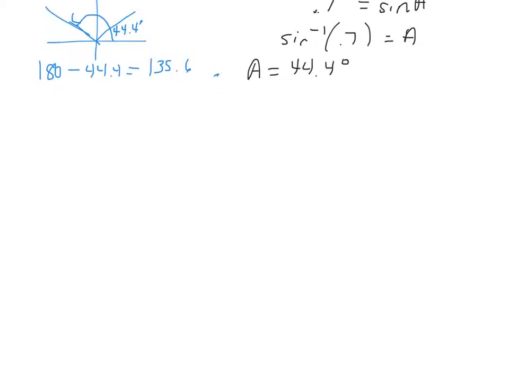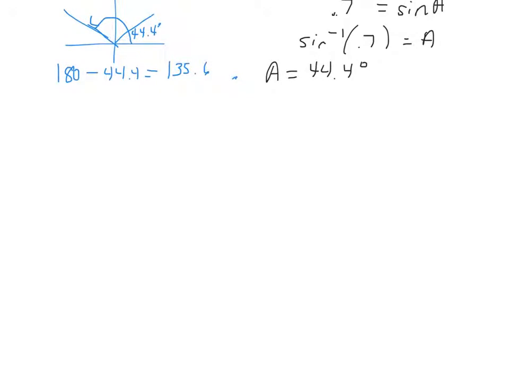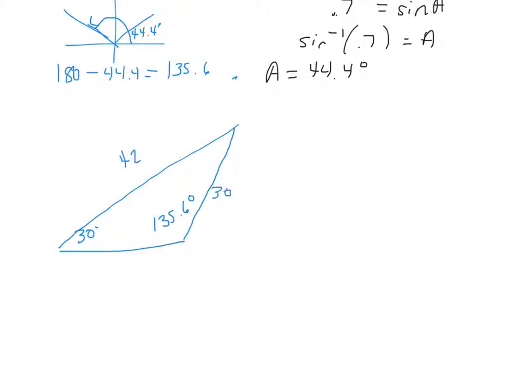So, scooching down a little bit, I could have a triangle with 135.6 degrees here, the original 30 here, and 42 and 30. Now, the reason this makes a triangle is 30 and 135.6, that's less than 180.